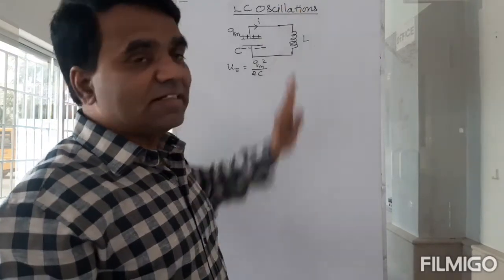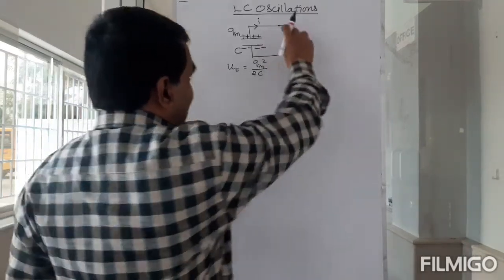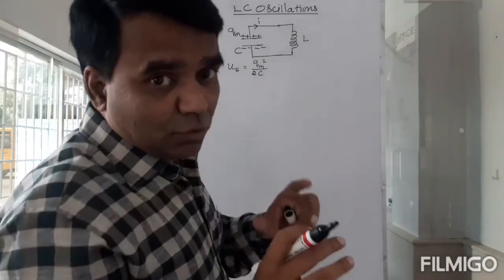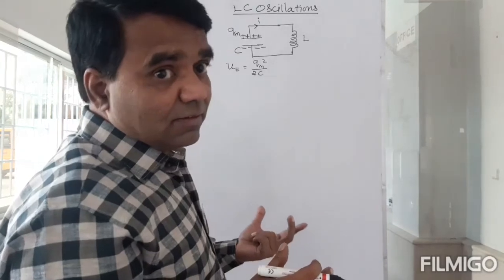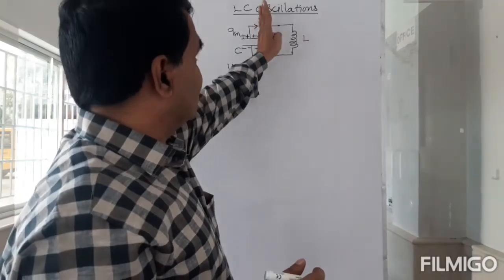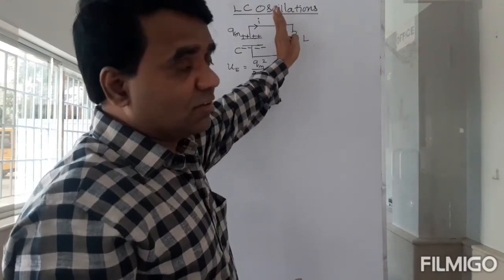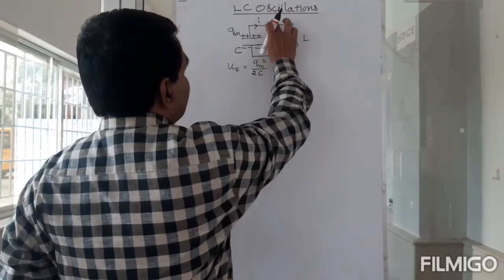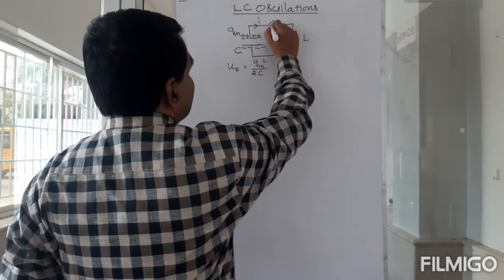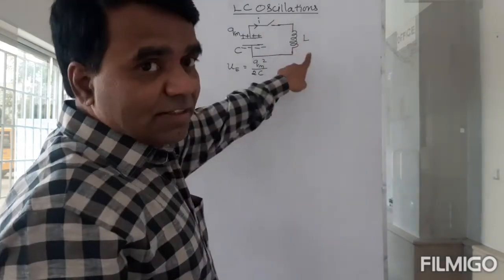And what's the energy in the inductor? Energy in the inductor will be in the form of the magnetic field, but you have not started sending any current yet. It does not start yet. Let me just keep it open right now. This is kept open now, so there is no energy in this.